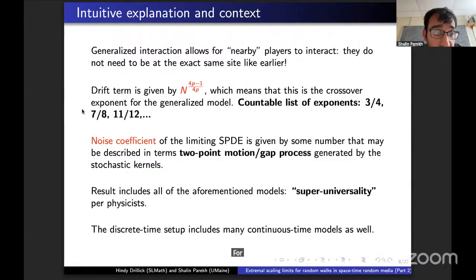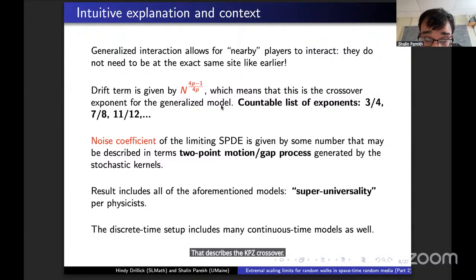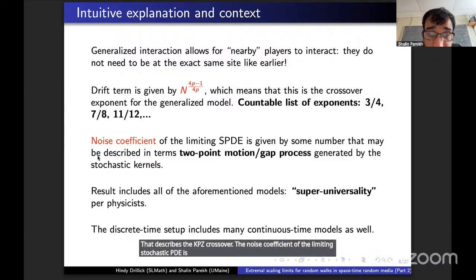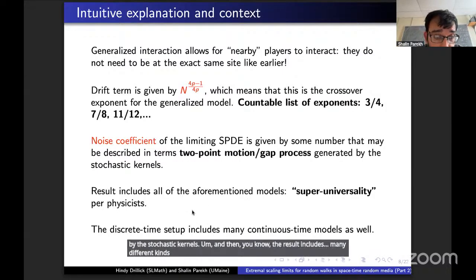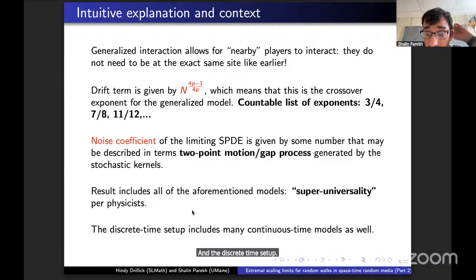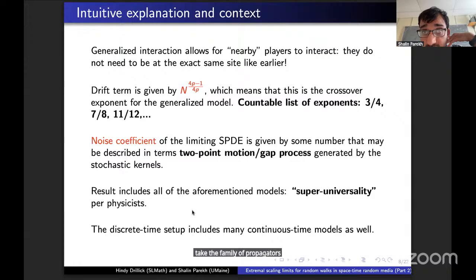For p equals 2, you get n to the 7/8. And then there's this whole sequence of exponents that describes the KPZ crossover. The noise coefficient of the limiting stochastic PDE is given by some value that can be described in terms of the 2-point motion or gap process generated by these stochastic kernels. The result includes many different kinds of models. The discrete time setup also includes continuous time models, as we saw with that stochastic PDE example: just take the family of propagators and evaluate it at discrete time intervals.